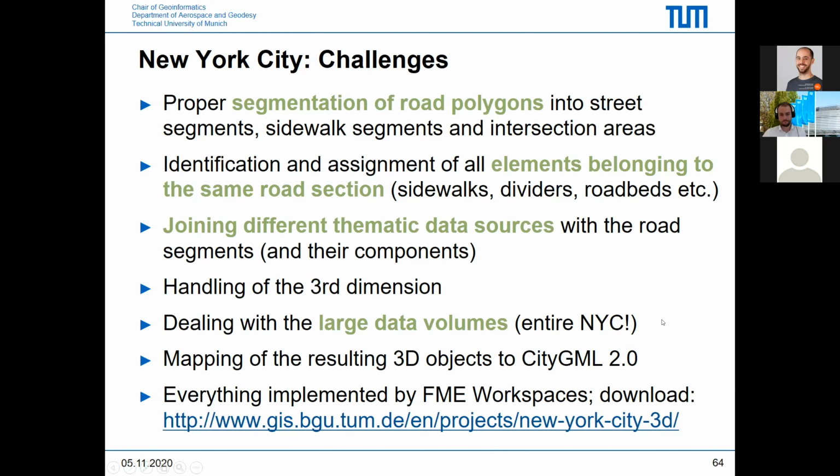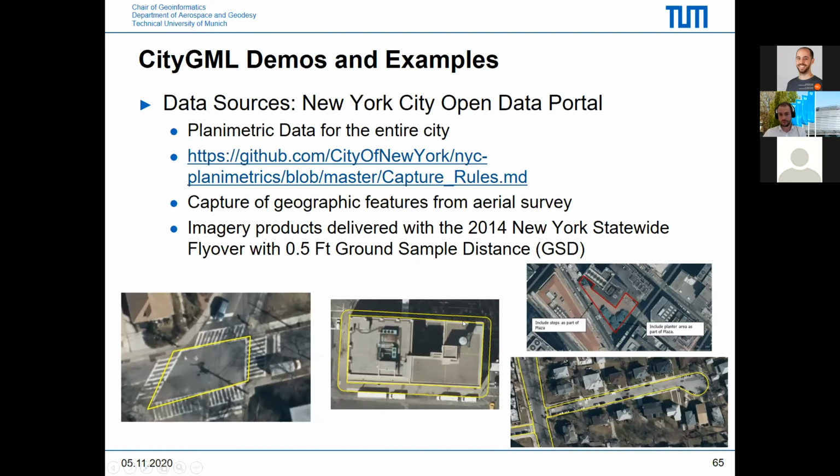This is what the data source from the Open Data Portal looked like. So there is a planimetric database for the entire city of New York City, which contains polygons, for example, on intersection areas, on sidewalks, on roadbeds, on plazas, and so on. And as you can see here, for example, this sidewalk is one donut object, so to say.